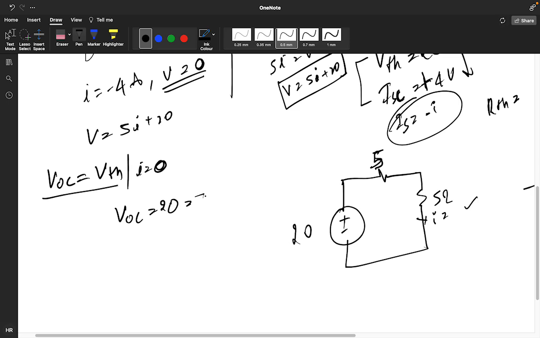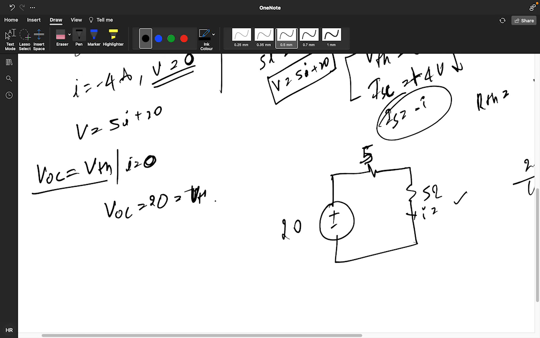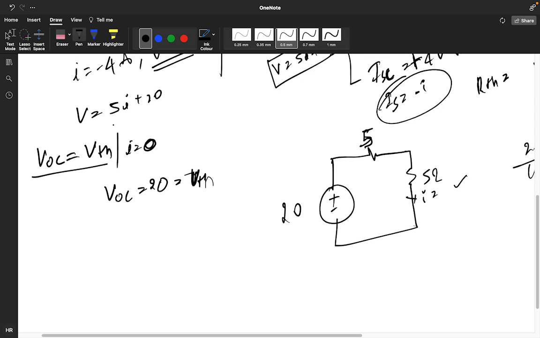That is your VTH value. For finding the Norton equivalent current, your voltage will be 0. This is 0, and this is 5I plus 20. So I we are getting as minus 4.